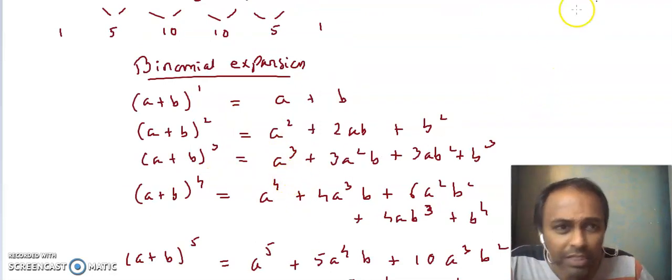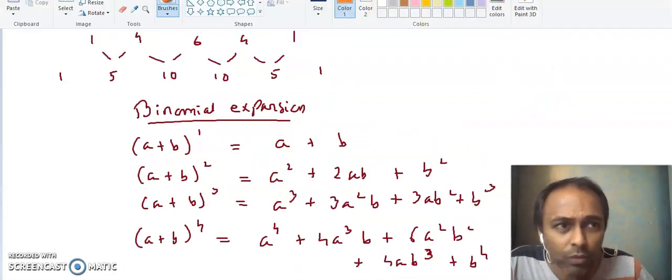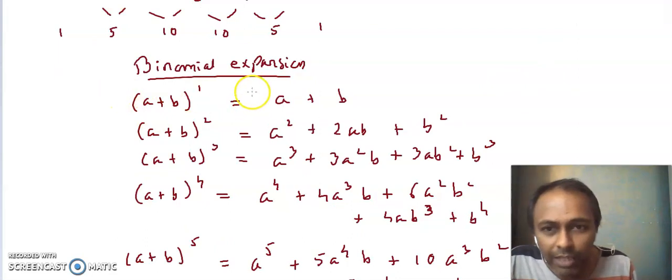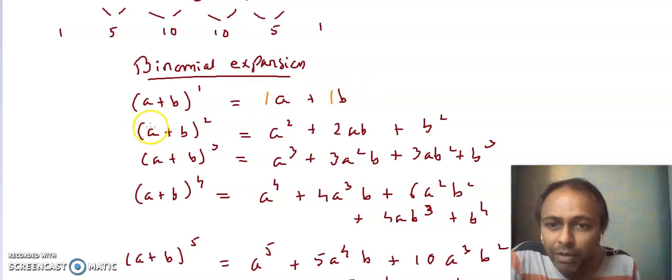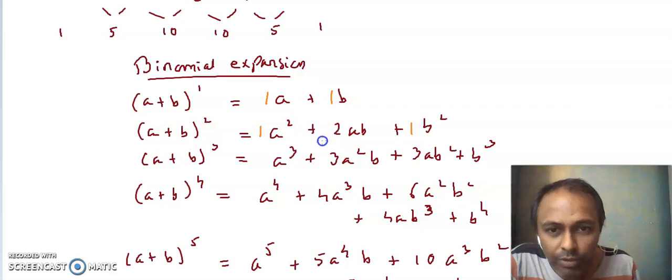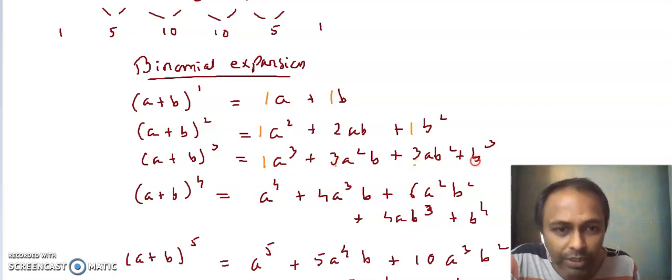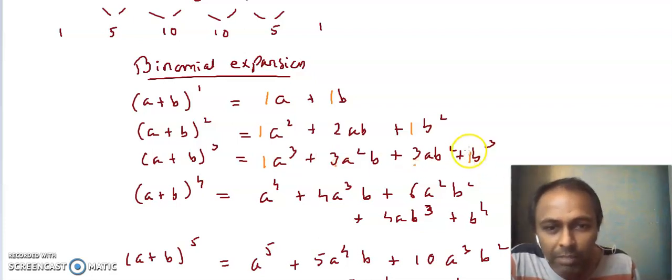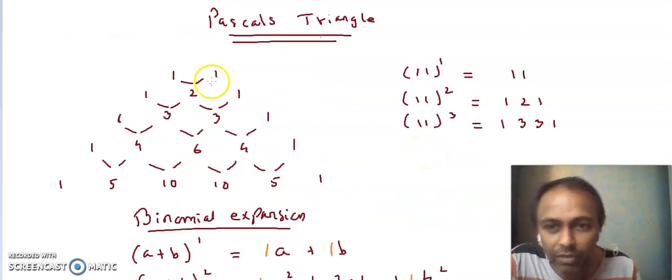If you observe these numbers carefully, especially the coefficients, you realize that the coefficients of a and b are both 1, 1. While in (a plus b) whole square's expansion, the coefficients of the terms are 1, 2, and 1. While (a plus b) the whole cube has the coefficients 1, 3, 3, and 1. By now you are able to recollect, or you can try to connect with the first answer.